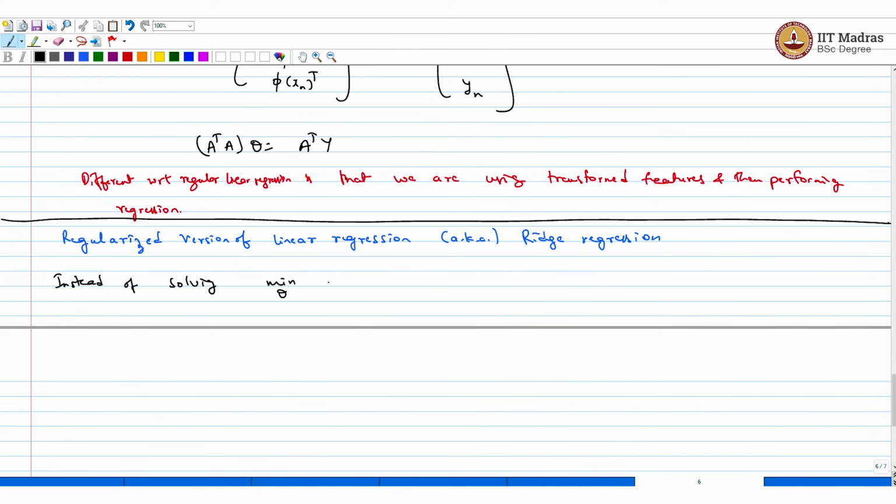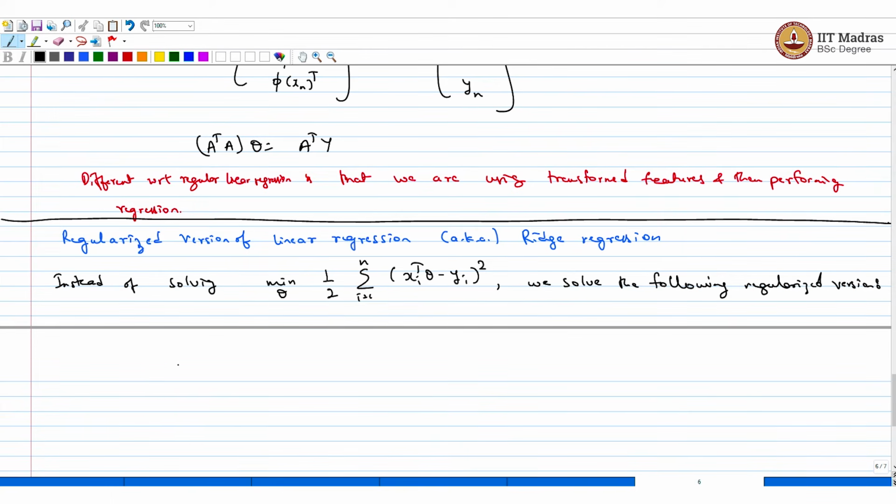minimum over theta half summation, say i equals 1 to n, (theta transpose xi minus yi) square, we solve the following regularized version.